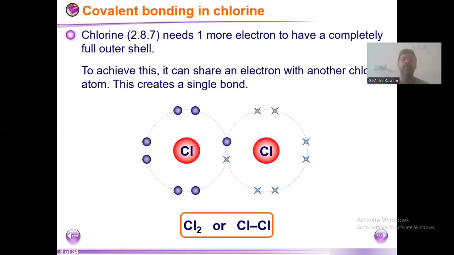So 2, 8, 8, that means it gets the configuration of argon, and in this way both chlorine atoms will be stable. And whenever this type of bond occurs between two chlorine atoms, we can show it by a solid line, which is Cl2. So diatomic chlorine is formed by sharing one electron by each chlorine atom, and in this way they form Cl2 and a chlorine molecule is formed.